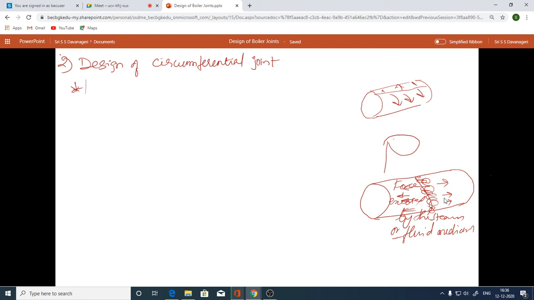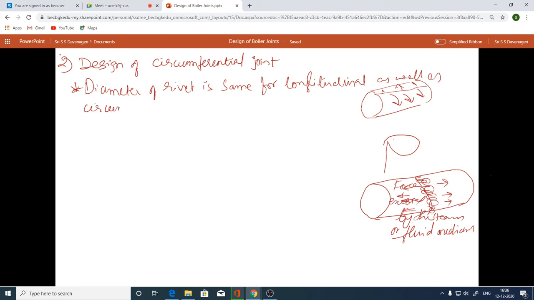Just keep in mind, the diameter of rivet is the same for the longitudinal as well as circumferential joint, because t is the same here, thickness is the same.